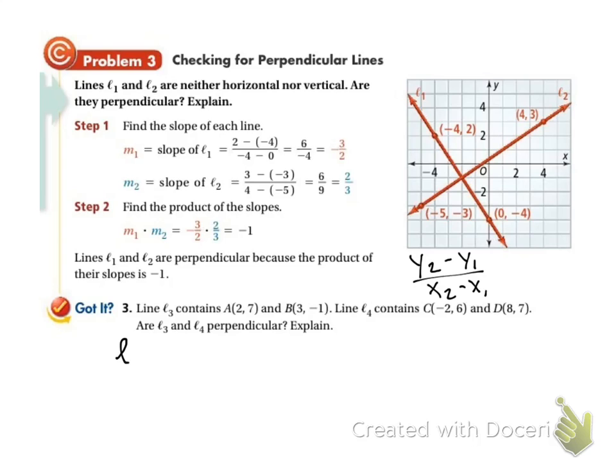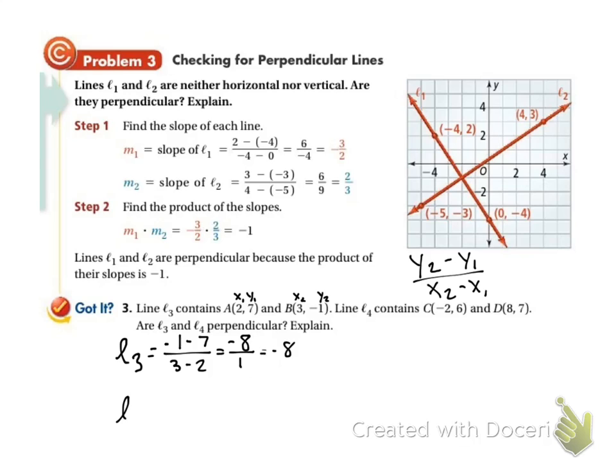So L3, I'm going to label my points here, x1, y1, x2, y2. So -1 minus 7 over 3 minus 2 gives me a -8 over 1, which is just -8.